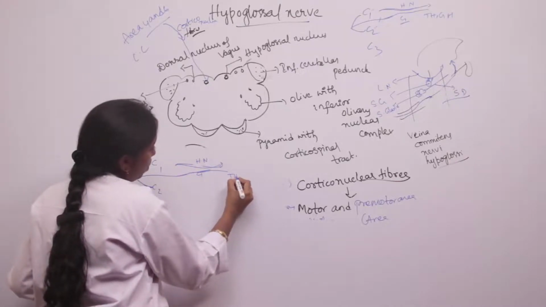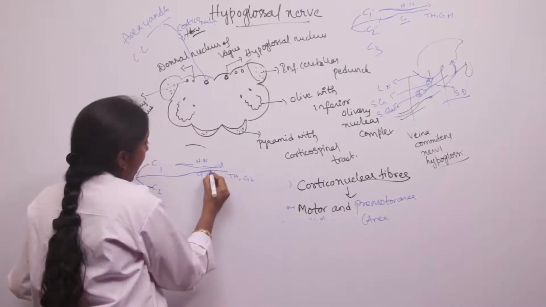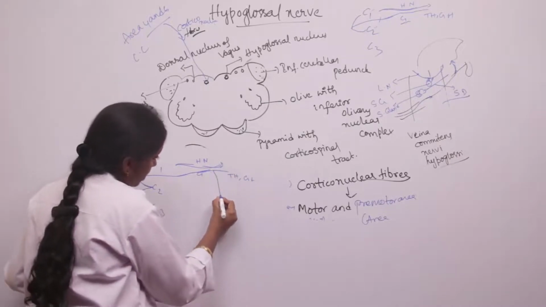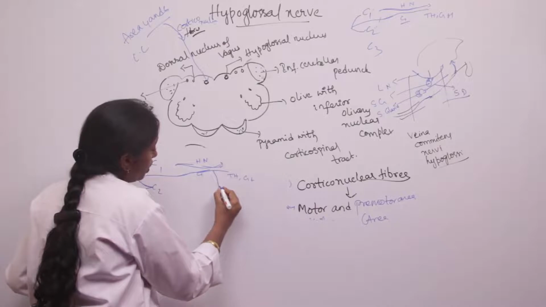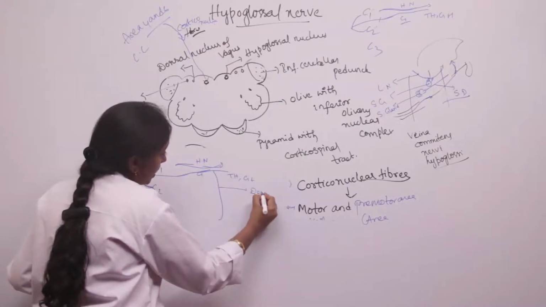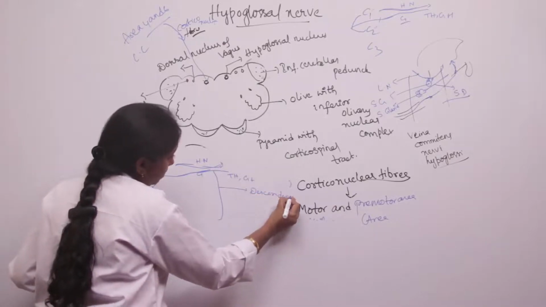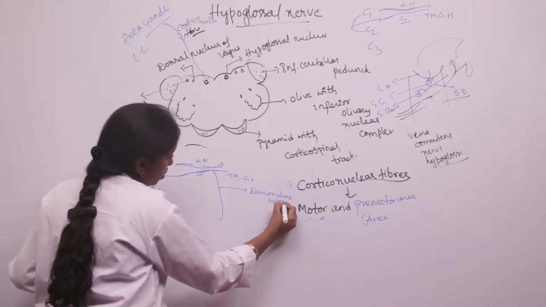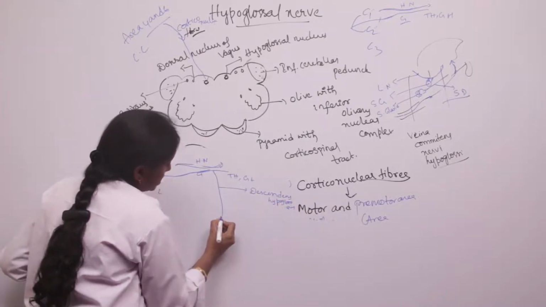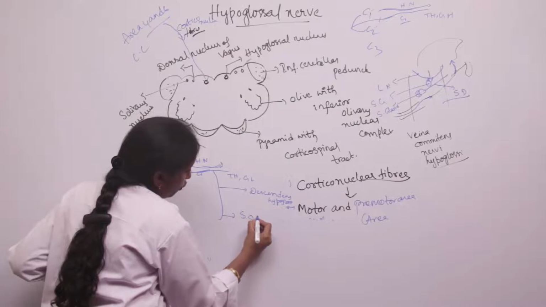It supplies the thyrohyoid as well as the geniohyoid muscle, and a descending branch comes here. This descending branch, we call it the descendens hypoglossi, which supplies the superior belly of omohyoid.